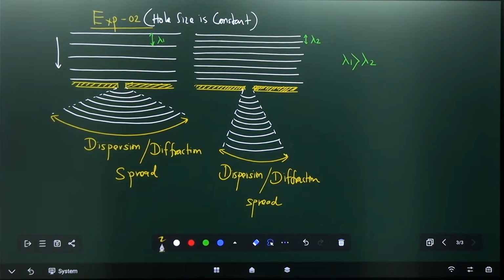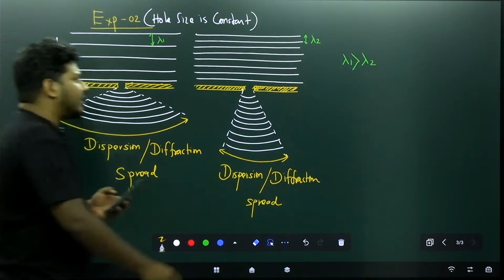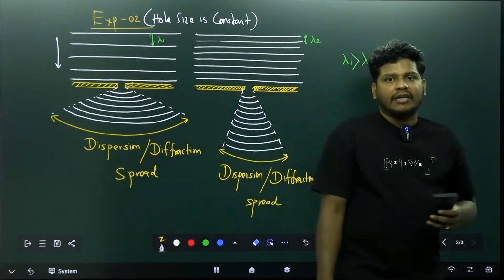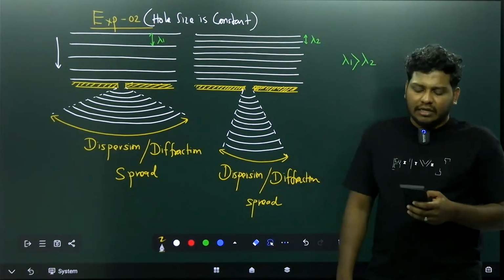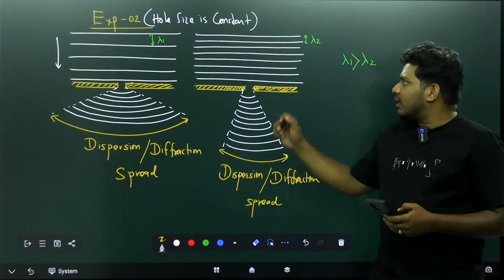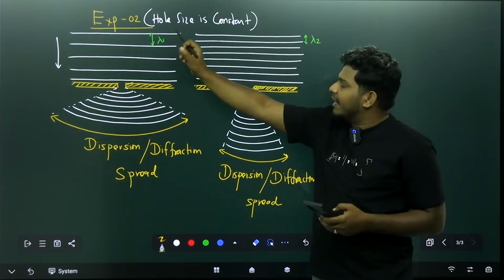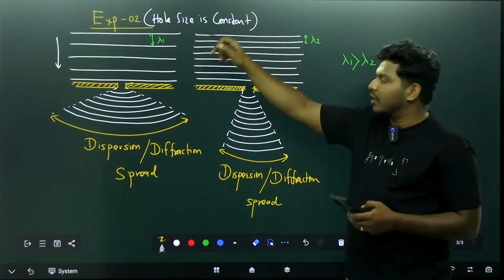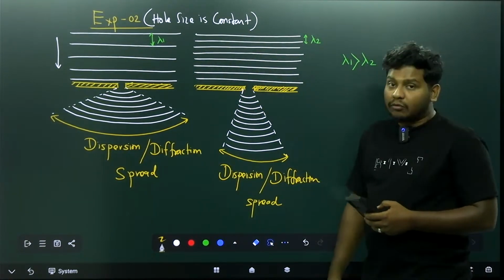It is really hard to judge the velocities here, because this is a different lambda and this is a different lambda, so actually both velocities are different.